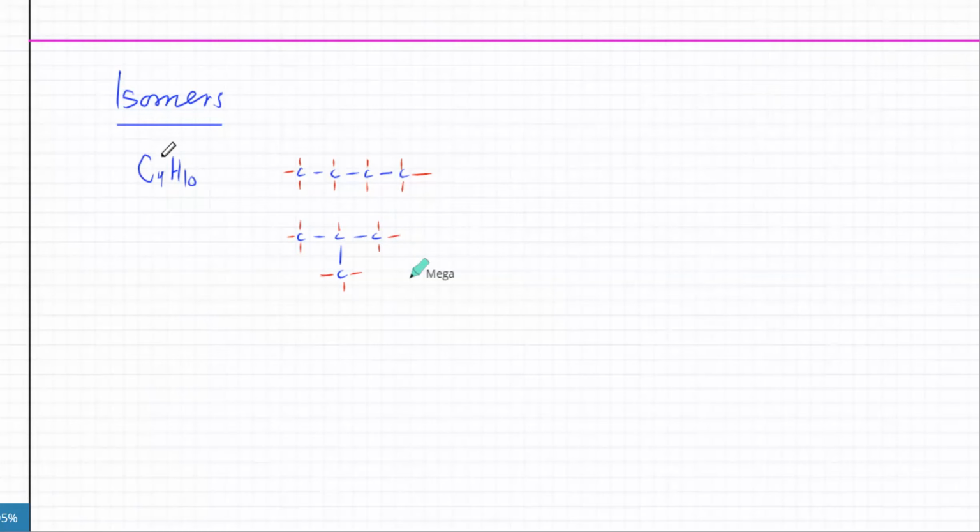The most probable information that you get about a molecule is the number of atoms that it has, 4 carbon atoms and 10 hydrogen atoms. So you're going to try and guess what the structure is. You're going to guess that there are 2 ways of drawing this structure. So the molecule C4H10 probably has 2 different arrangements.